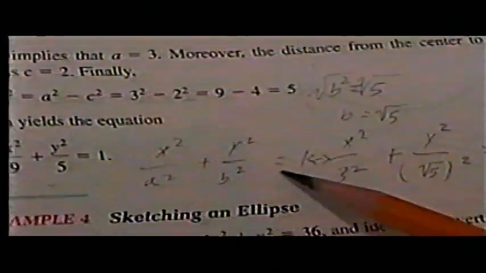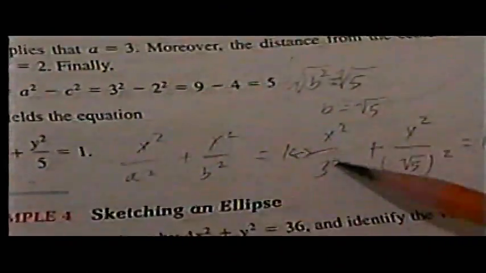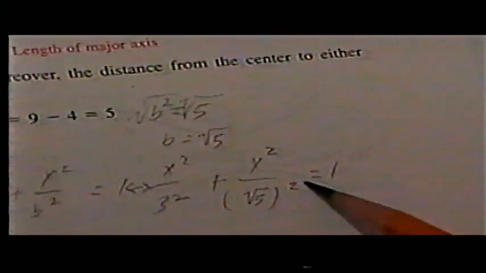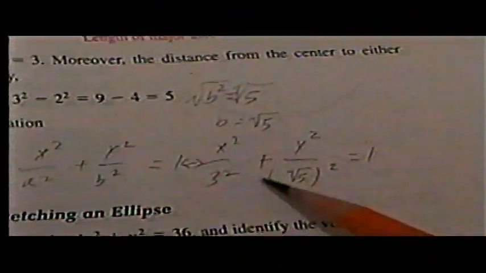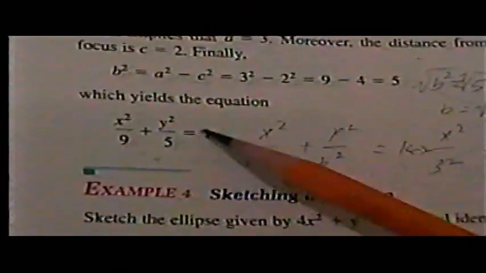Once you find b, you substitute those values into the standard form, x squared over a squared plus y squared over b squared equals 1. So in this case, we technically have x squared over 3 squared plus y squared over the square root of 5 squared equals 1. That would be the equation of the ellipse in standard form, technically speaking, but as I said, the other form would be acceptable also.